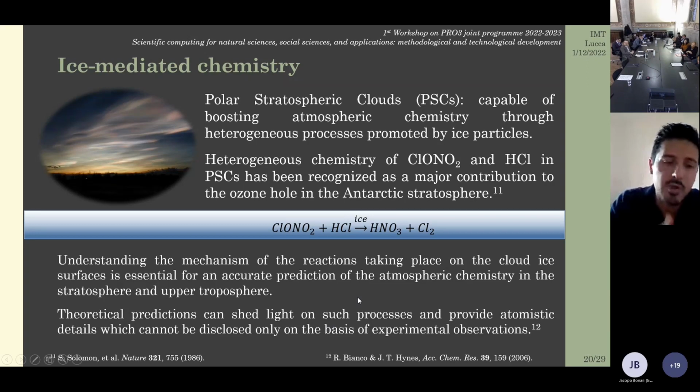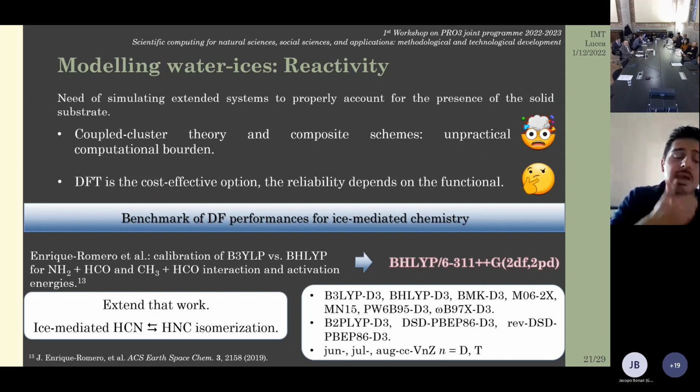And from this point of view, computational chemistry can provide the atomistic details of the reaction mechanism. Here, however, we need to consider the interaction between a molecule, let's say an atmospheric constituent or an atmospheric pollutant, and the ice.